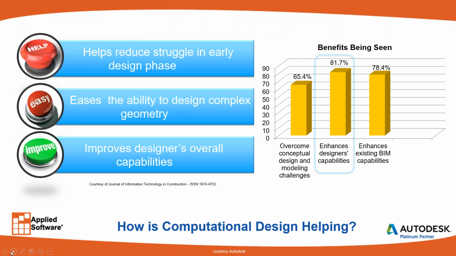You can extend that to other applications and then pull geometry from other applications such as Rhino and some other 3D conceptual tools. So what does that do? It helps reduce the struggle in early design phase. And you can see here on the right-hand side, the majority of the benefit is perceived by the designers to enhance their capabilities to design complex projects.